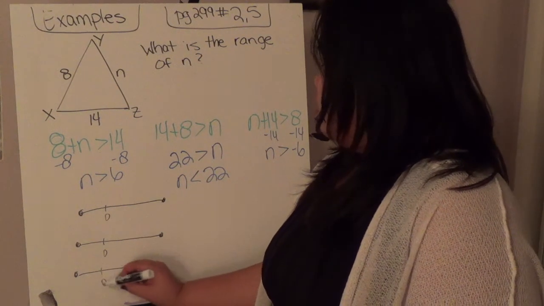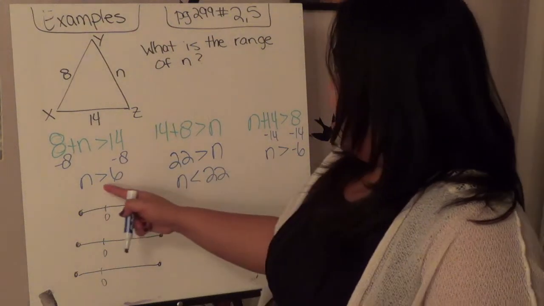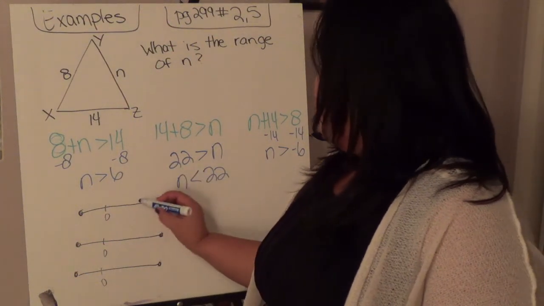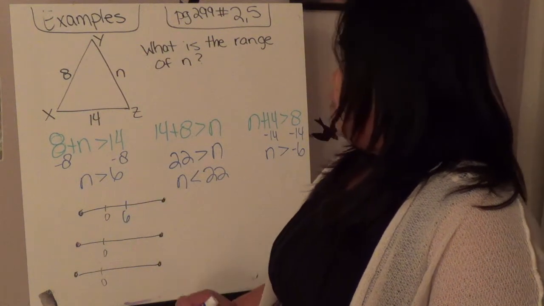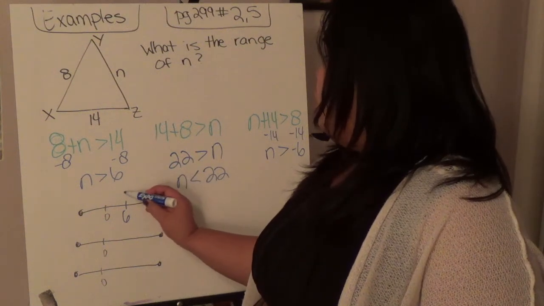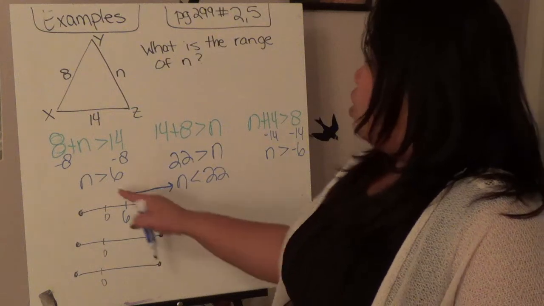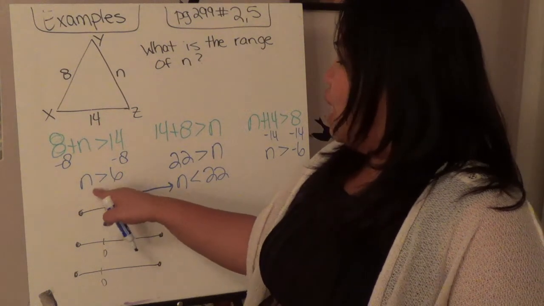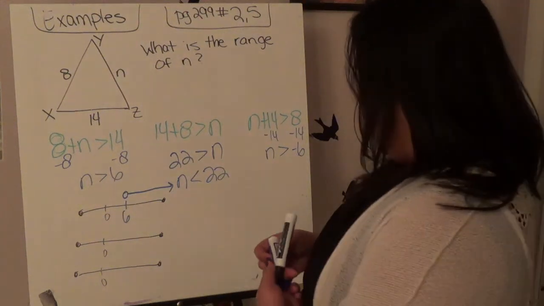I know that for the first one, n has to be bigger than 6. So if I find 6 right here, n has to be bigger than 6, and it's not included, so open circle going to the right.